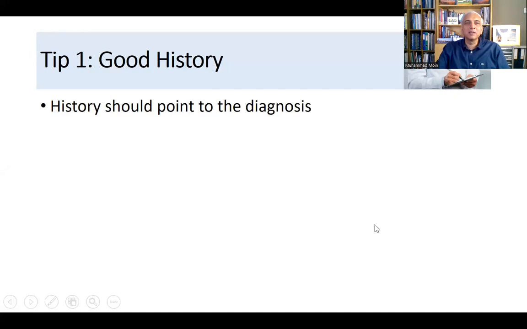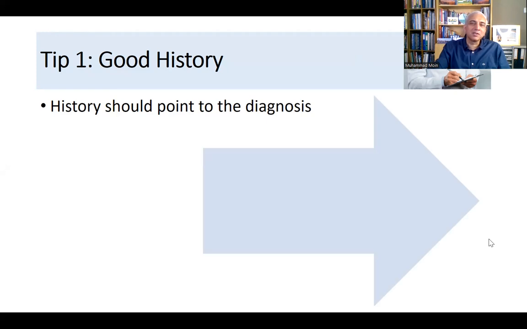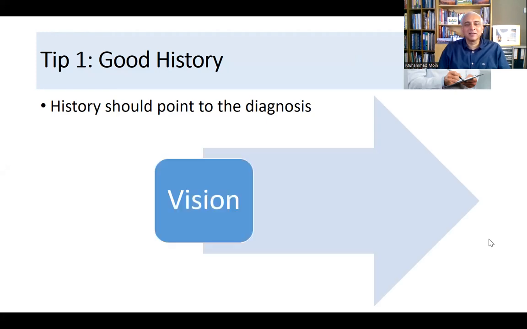The first step in taking an exam is that the history should point to the diagnosis. If I say the vision is going down, obviously the patient's main complaint is either that, or something else such as the eyes protruding out.